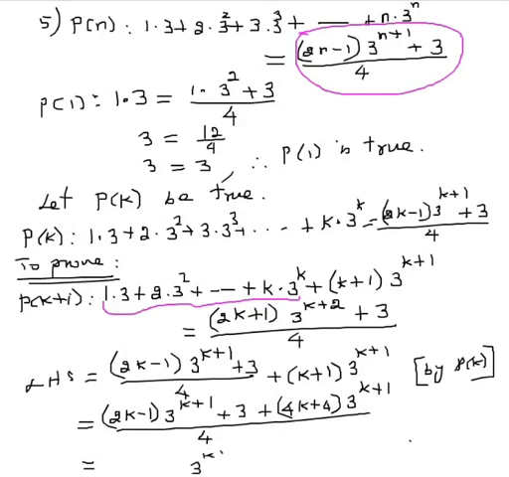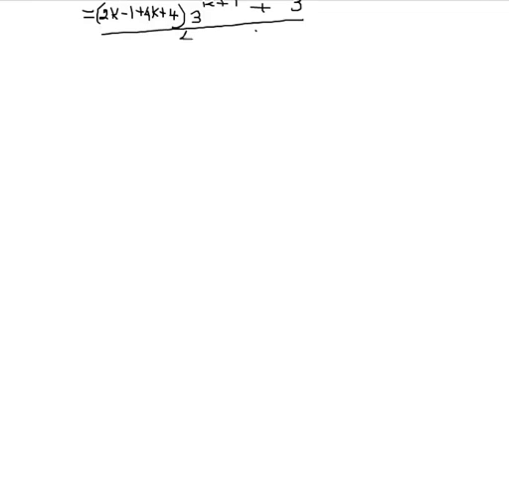Now 3 power k plus 1 is a common term, so we get 2k minus 1 from the first term and 4k plus 4 from the last term, and the middle term is 3 divided by 4. So we get 6k plus 3 into 3 power k plus 1 plus 3 by 4.